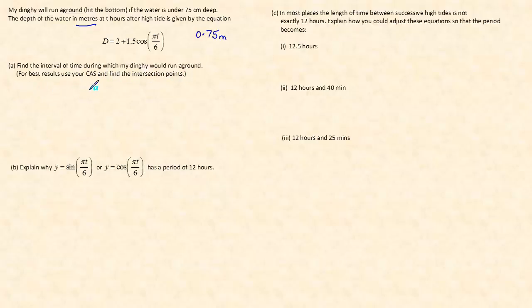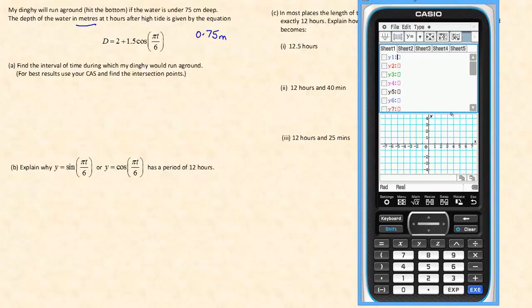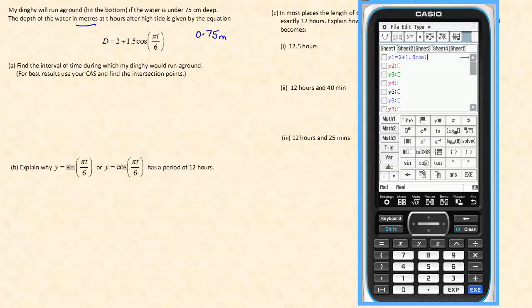For best results, use your CAS and find the intersection points. So here's the CAS, and let's put in this function. We've got 2, add 1.5, and we're going to use the cos, and then we're going to have pi.